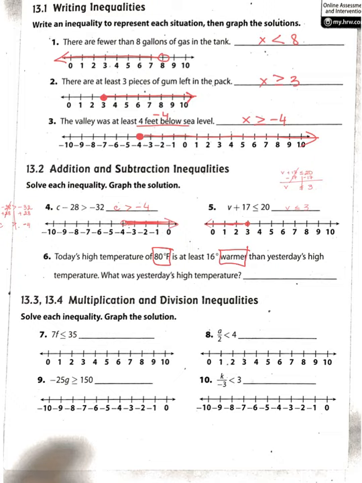So I would have x plus 16 at least, so greater than or equal to 80. So I minus 16 on both sides. So my x will be greater than or equal to 64 degrees. So yesterday is 64, today is higher, warmer, is 80.